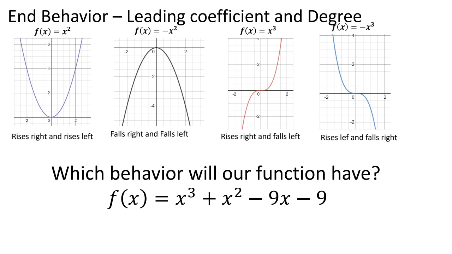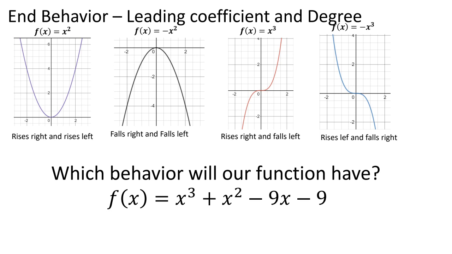If we have an odd function, if the leading coefficient is positive, it's going to rise on the right, fall on the left. If we have an odd function and our leading coefficient is negative, it's going to rise on the left, fall on the right. So which behavior do we have for our function?